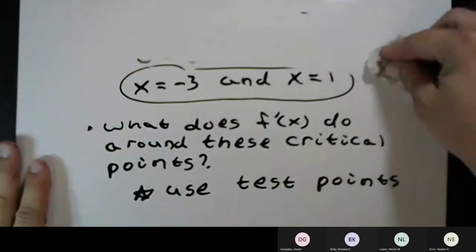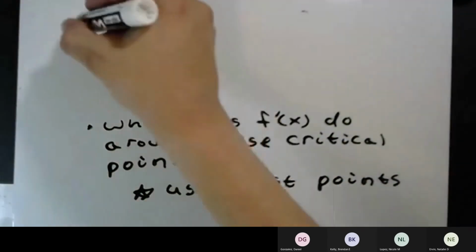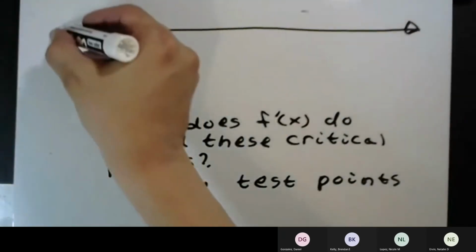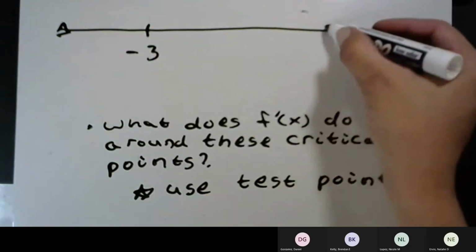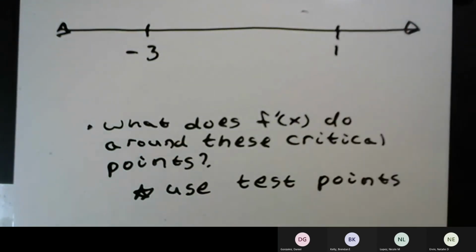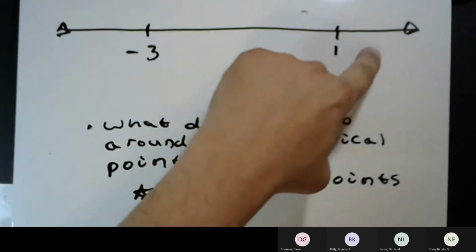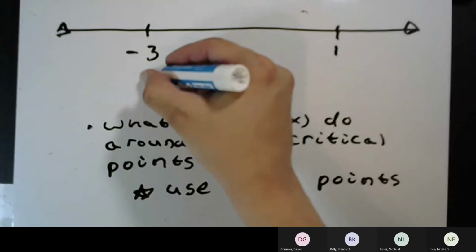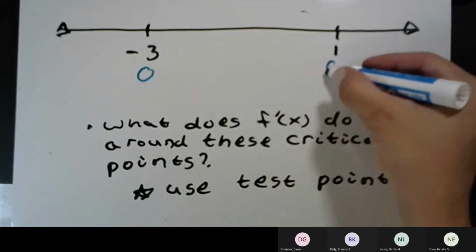So this divides the x-axis into intervals. And we want to see what's going on in each of these intervals. Now we know when x is -3 or when x is 1, the derivative is 0.